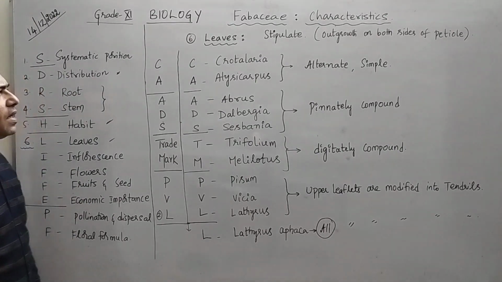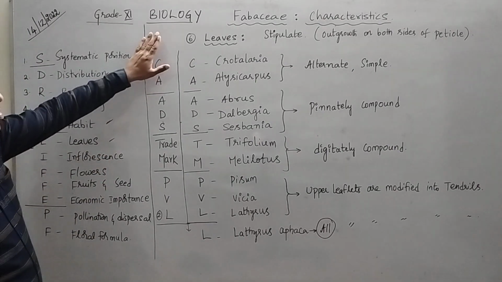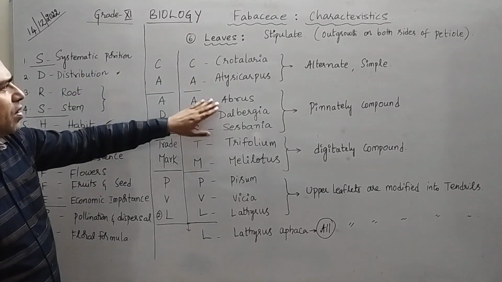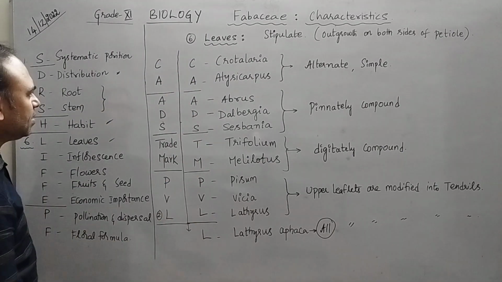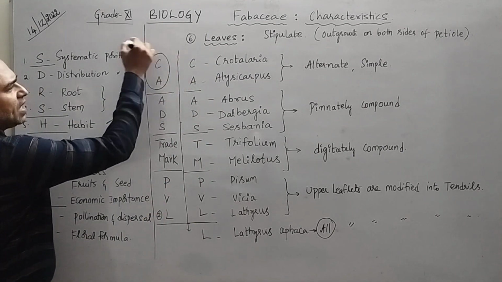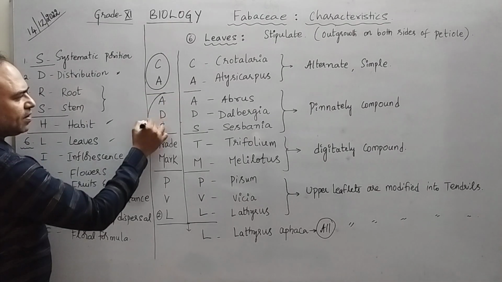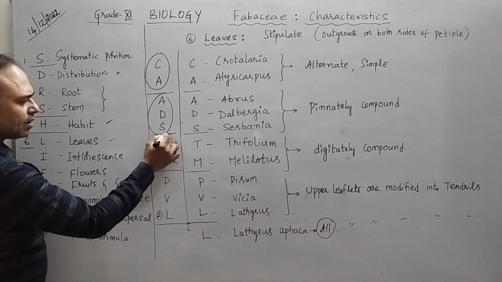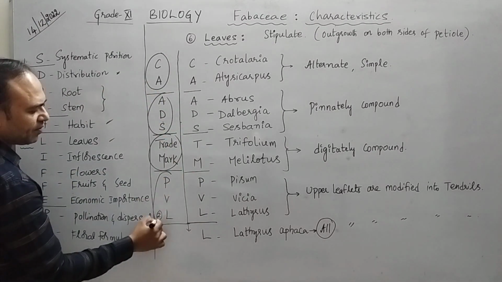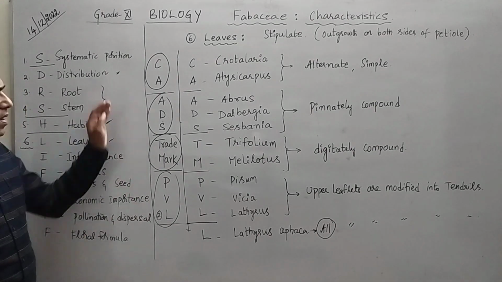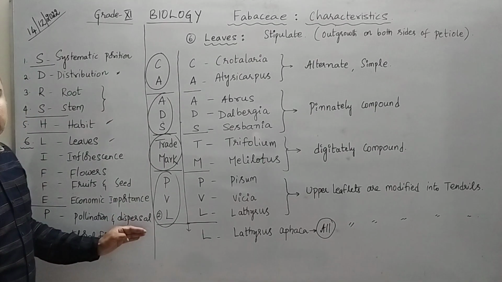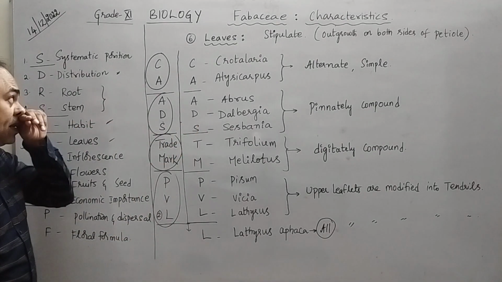I have made one more mnemonic to remember the types of leaves and their examples: CA, chartered accountant, ads, advertisements, trademark is PVL. If you remember CA, ads, trademark, PVL, then you can easily write all the examples.